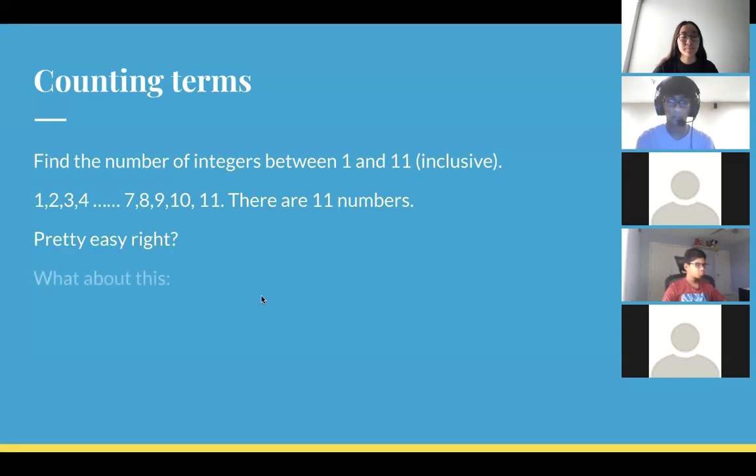Now we're going to have a little harder example: 4, 5, 6, all the way until 53. How many numbers are there?